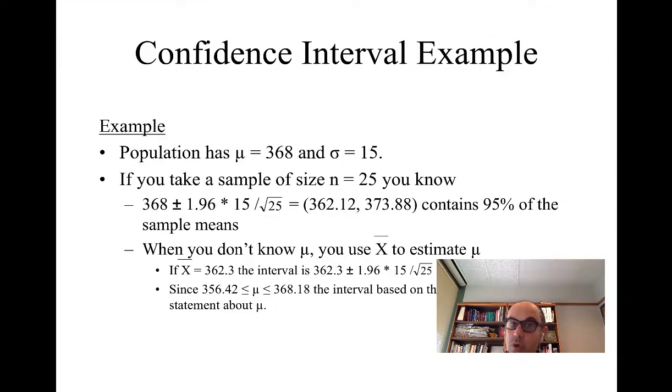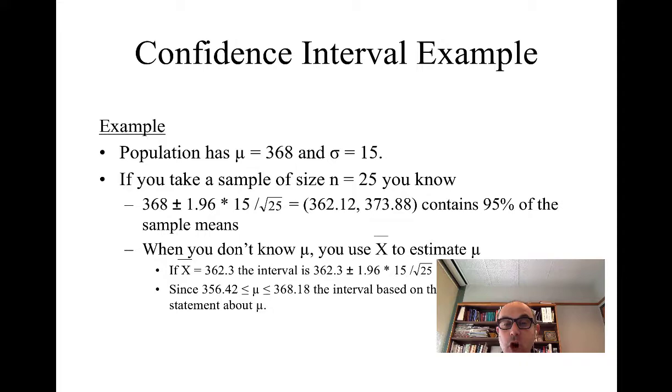confident in our result. So, the confidence interval example: if the population has a mean of 368 and the standard deviation is 15, we follow this procedure. We have to know the n, which is the number of cases, and this is how we contain the 95% of the sample means.